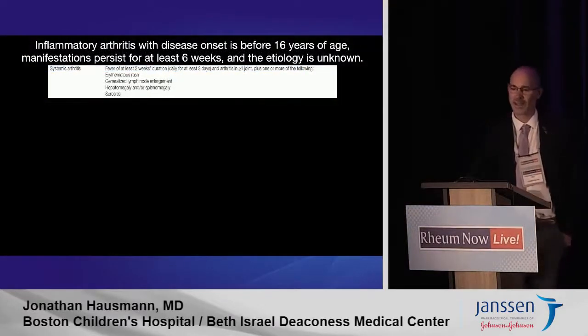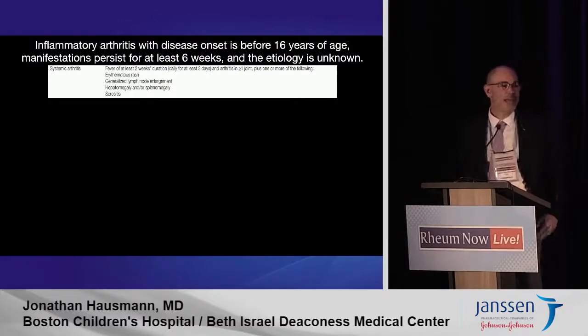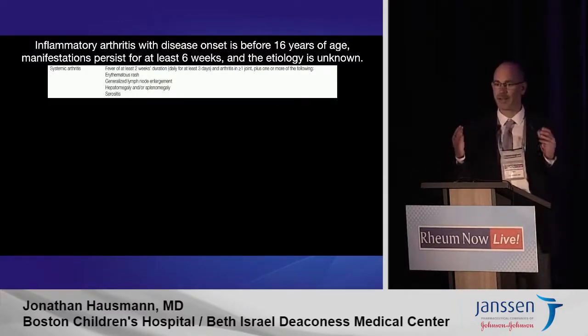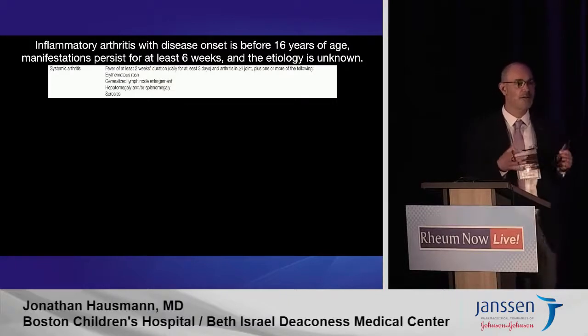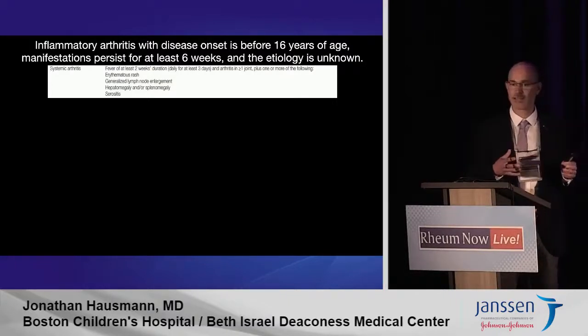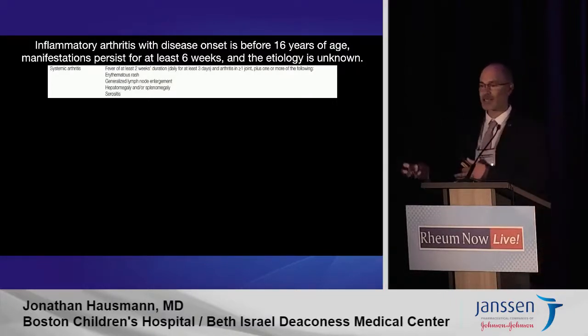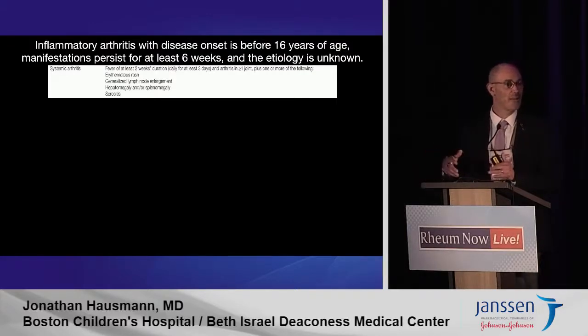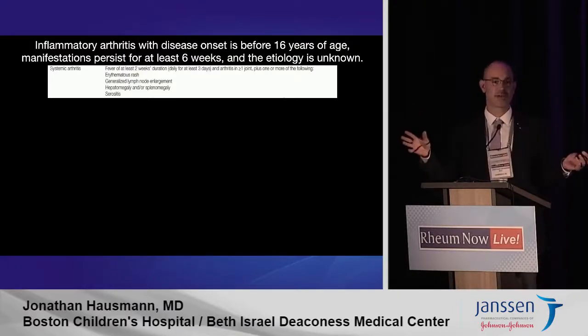So, systemic arthritis. In pediatrics, it's really interesting. When I started my fellowship in pediatric rheumatology, I learned about these categories of diseases. And then when I transferred my fellowship to the adult hospital, I learned about a whole new group of diseases that were totally separate.